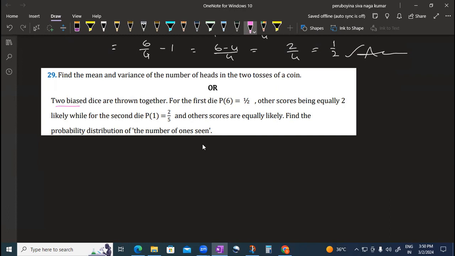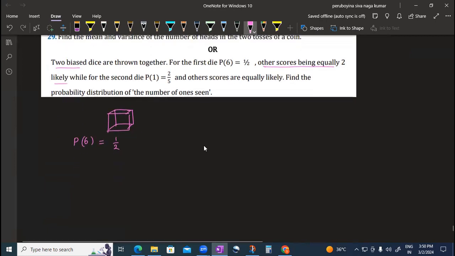For the first die, P of 6 equals 1 by 2. Suppose this is the first die. It's a programmed die, and for getting 6 the probability was declared as 1 by 2. The other scores are equally likely, which means they are all equal.